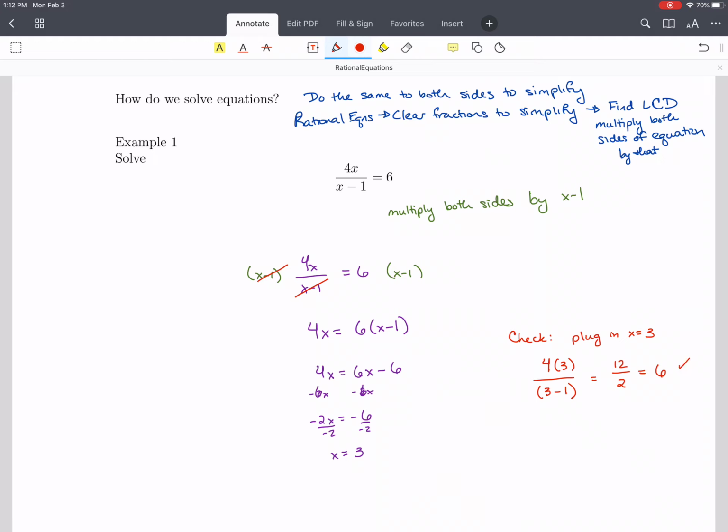And that's equal to the right side of the equation, because 6 equals 6, right? So this is your straightforward first example where you just have one denominator to clear, so I'll multiply both sides of the equation by that denominator.